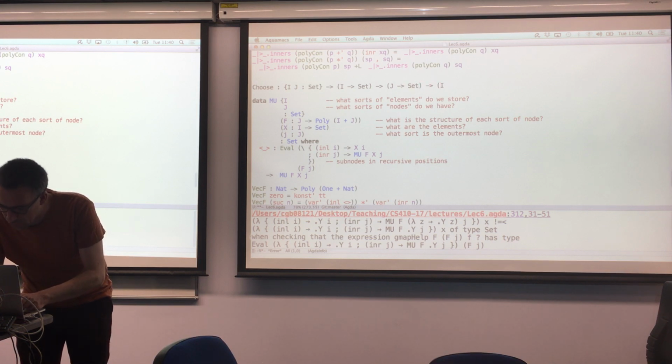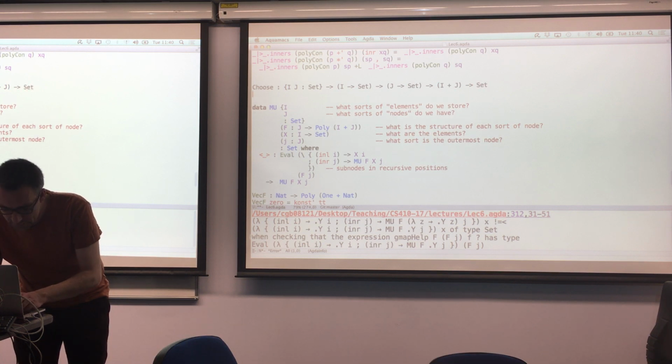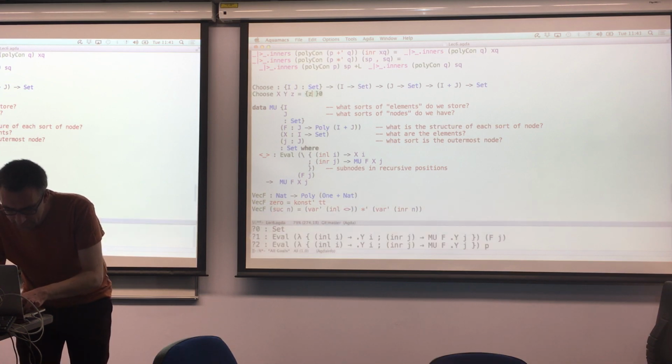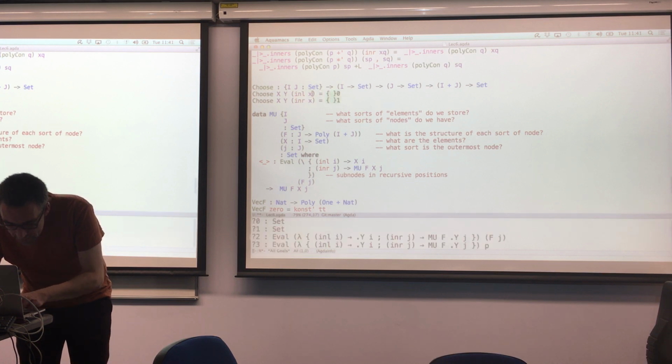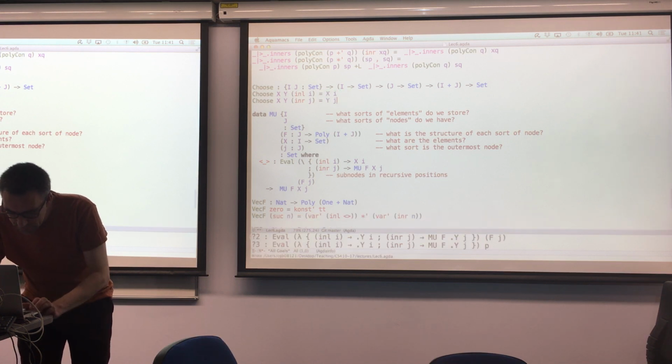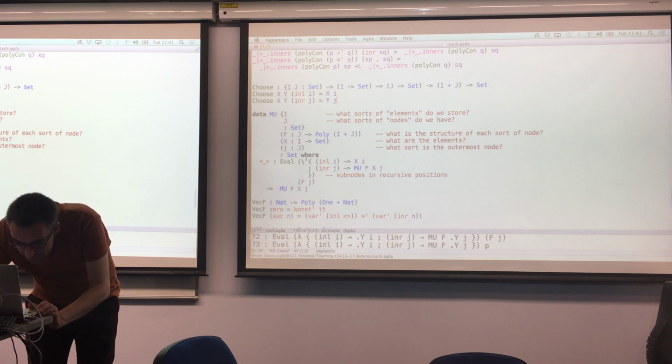To do that, I will write the helper function that it's actually generating. So that's an interesting gotcha.